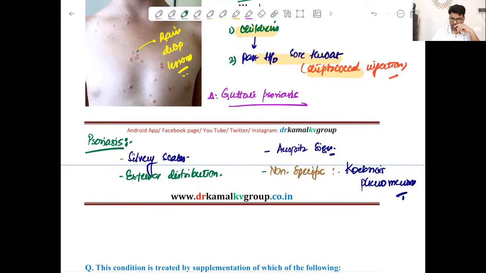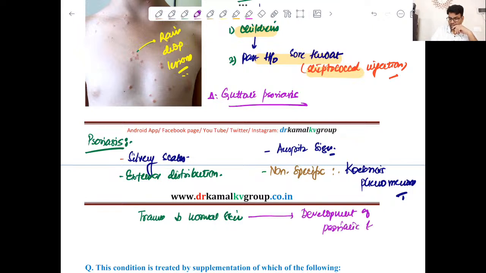If a patient has psoriasis and there is trauma to normal skin, sometimes later there will be development of psoriatic lesions. Clear?